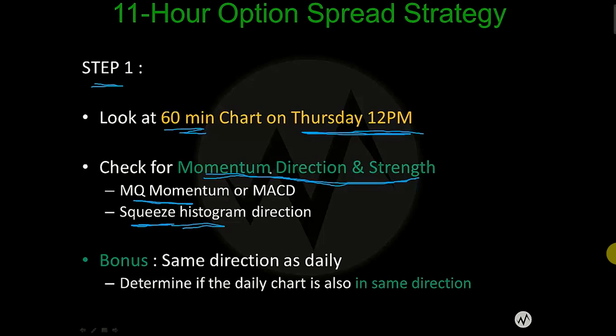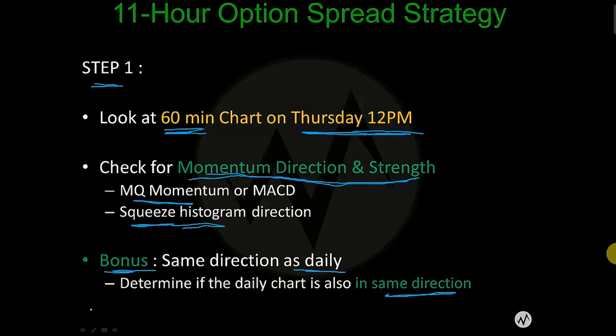I use momentum a lot in the shorter term time frame. If it looks good, take a quick peek at the daily chart. Is the daily chart also moving in that momentum direction? If it is, great. That's another positive in terms of your trade. So that's step one: 60-minute chart, momentum direction, double check the daily.